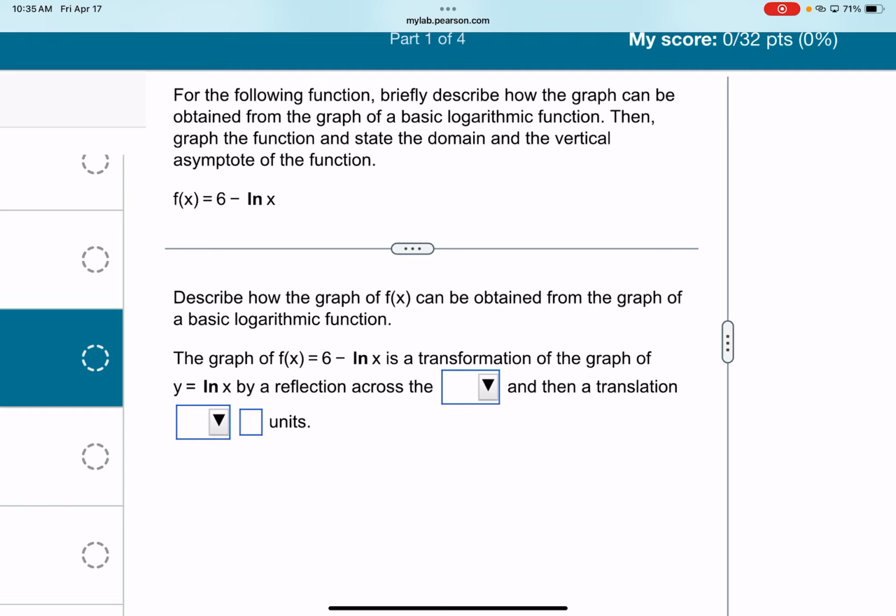with this one, even with the ln, the log functions, we need to always start with the base graph. So in this case, the base graph would be ln of x. And ln of x is the same thing as log base e of x, right? And e is greater than 1.